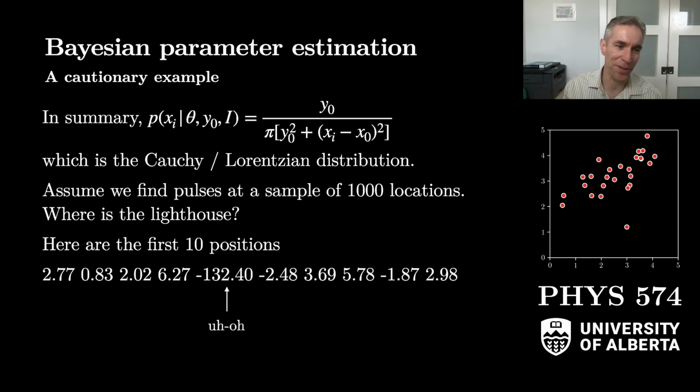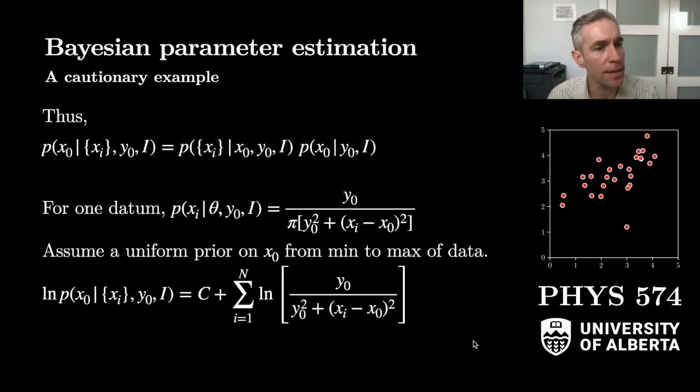So minus 130, and all the rest of these are closer to 0. And that's the probability of these strongly tailed distributions. You occasionally get fluctuations that are very far from the middle. So with that in mind, let's think about how to estimate x naught in this Bayesian framework given everything that we know.